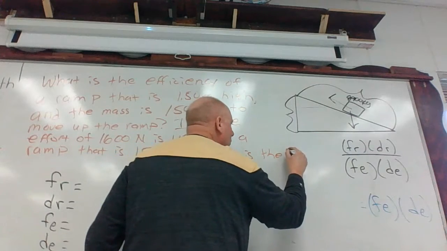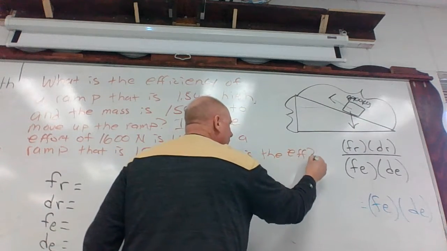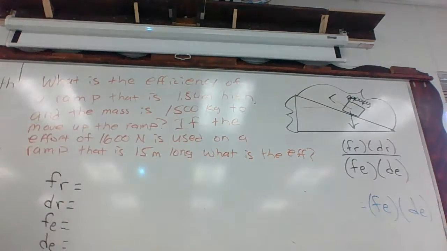Okay, so what is the efficiency then? I don't mean to put that redundantly, but I just made this problem up just now. Because we want to try to come up with good numbers for you, unlike that last one. And I probably fall in the same pitfall every time.